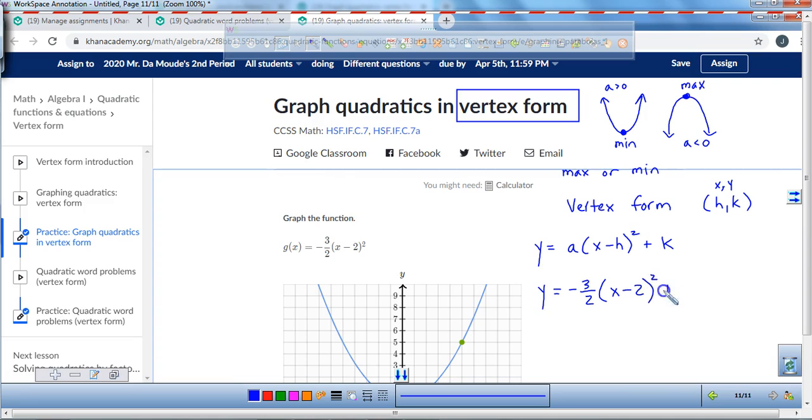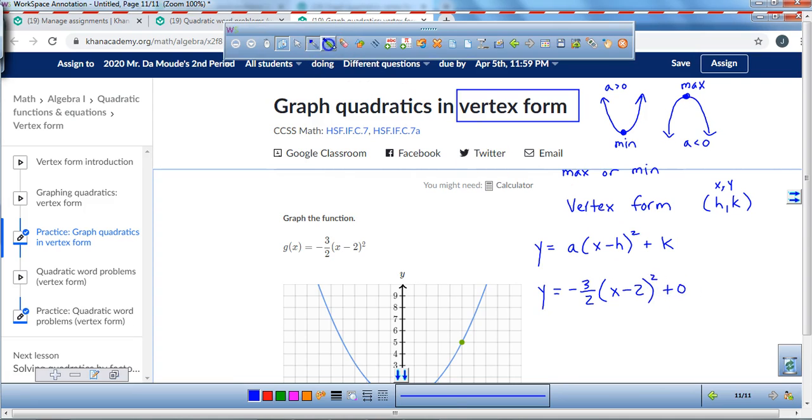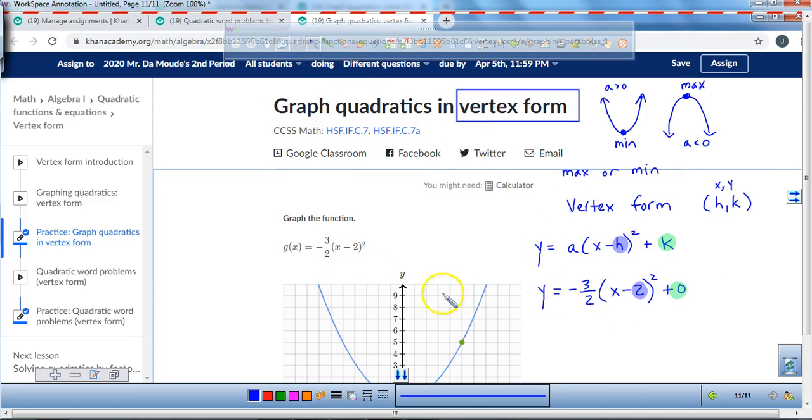And just for fun, I'm just going to put plus 0, because I want you guys to see what the h value is, and what the k value is. So in our particular problem right here, we have an h value that is literally equal to the number 2, and we have a k value of 0. Now what does that mean? That means our vertex is going to be at the ordered pair 2, 0.